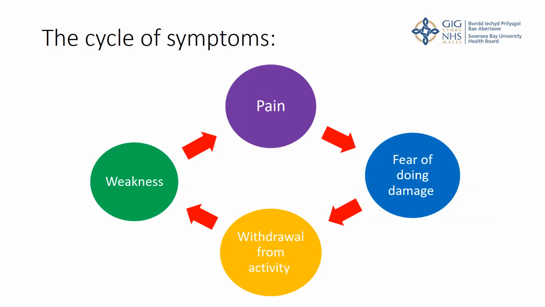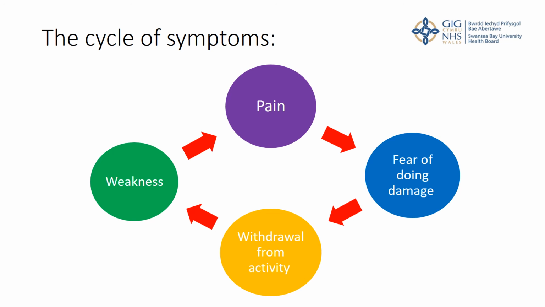Here we have what's known as the cycle of symptoms. As discussed earlier, pain is one of the most common symptoms of tennis elbow. It is this pain that can lead us to becoming quite fearful of doing further harm during certain movements and tasks. This fear can lead to withdrawal from activities, which in turn can lead to weakness, simply because we're not using the muscles and the tendons as we were previously.